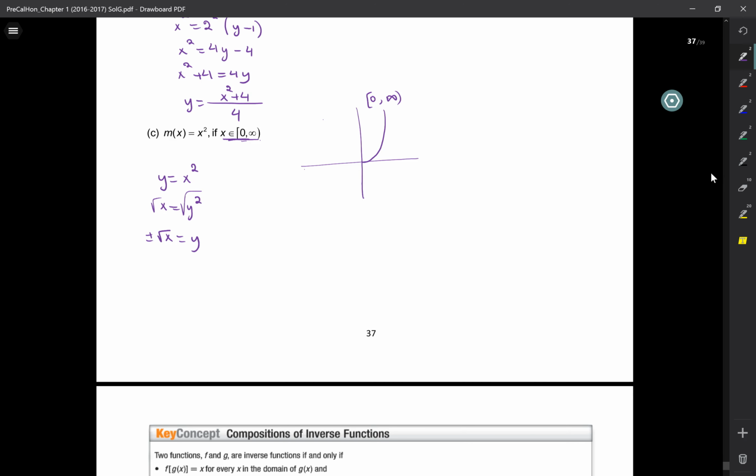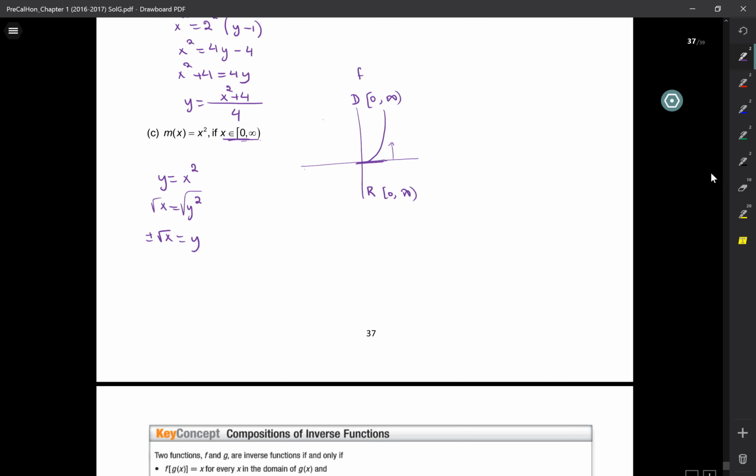However, if the domain of this is 0 to infinity, well, what's the range of f of x? What's the range of this? Again, it goes from 0 to infinity.